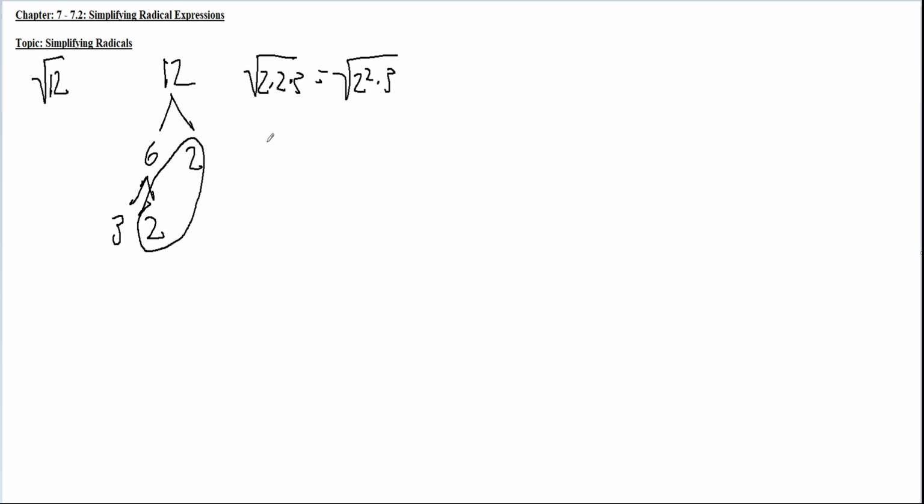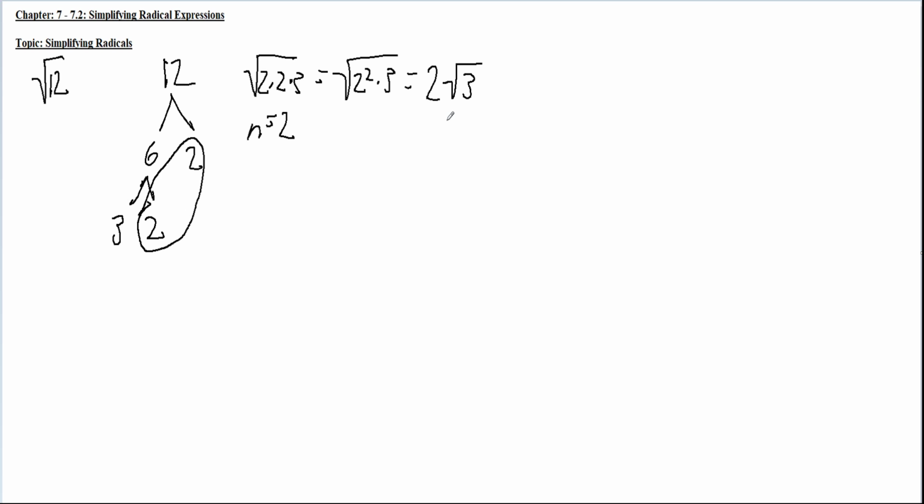Since the index of my root is 2, the square root and this power of 2 cancel each other out. So what happens is that the 2 comes out of the radical, and what's left inside is the square root of 3. Okay.